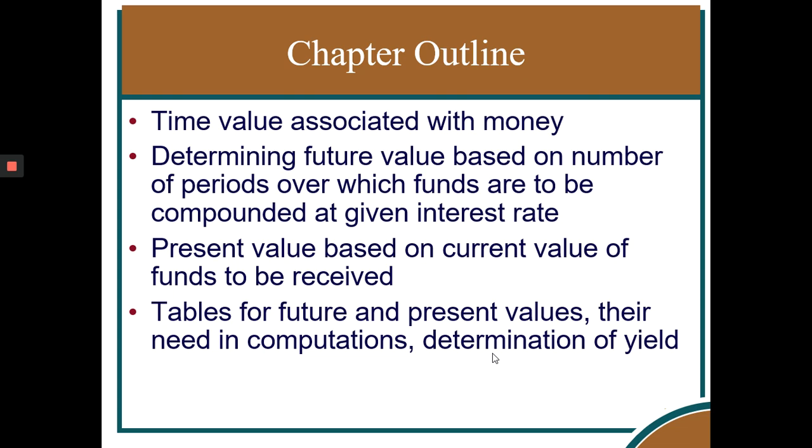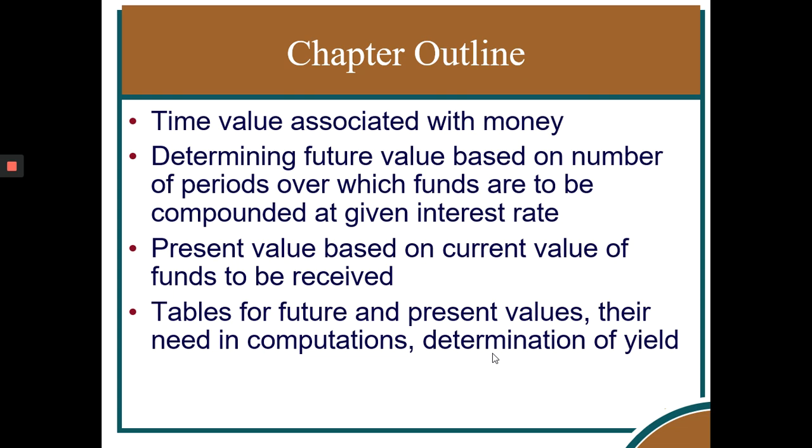Later I will give you the present value tables, future and present value tables. The table consists of 4 items: present value, future value, present value annuity, and future value annuity.